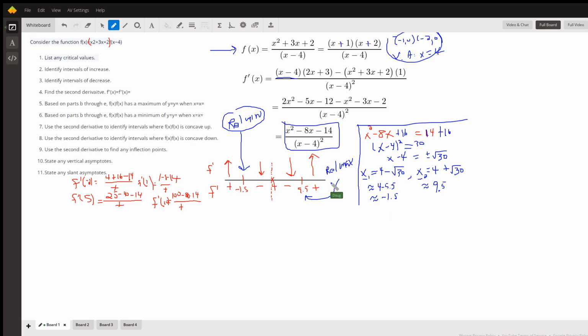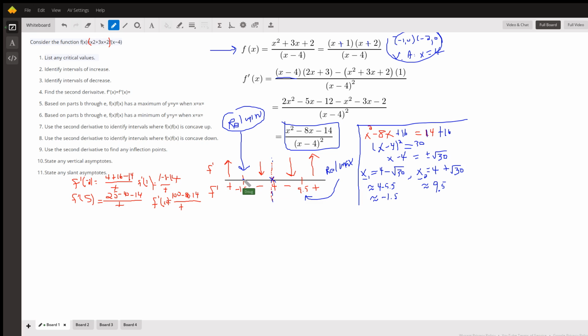So here's the first derivative test. Another critical number is 4, a value where the first derivative is undefined, and I like to mark that with a little X on this number line, and even consider drawing a dashed vertical line to indicate that's where the vertical asymptote is.